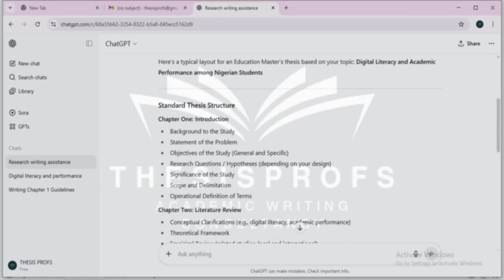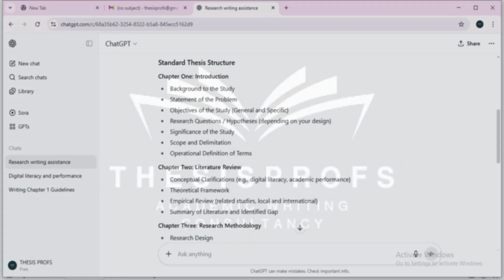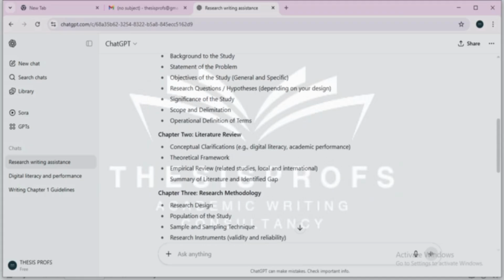So we have the background to the study, we have statement of the problem. Now you can see what it provided for me for chapter 2, which is the literature review: the conceptual clarifications, theoretical framework, empirical review, and summary of the literature and identified gaps.